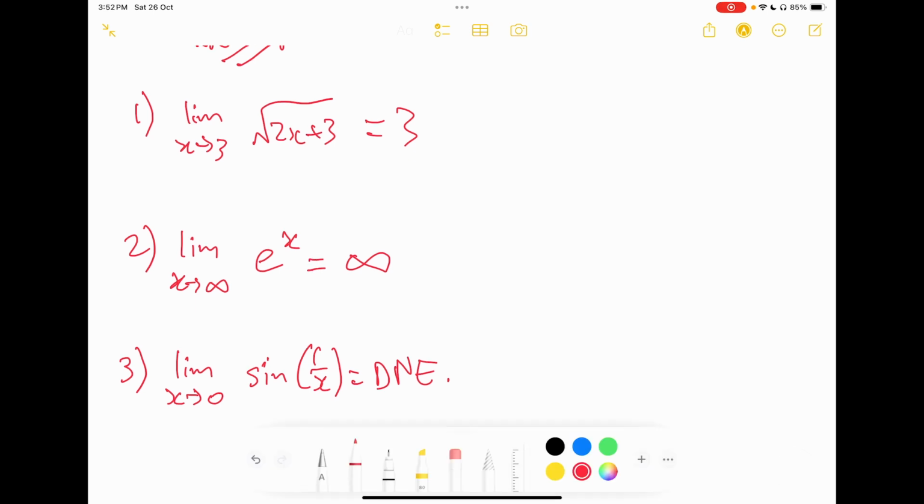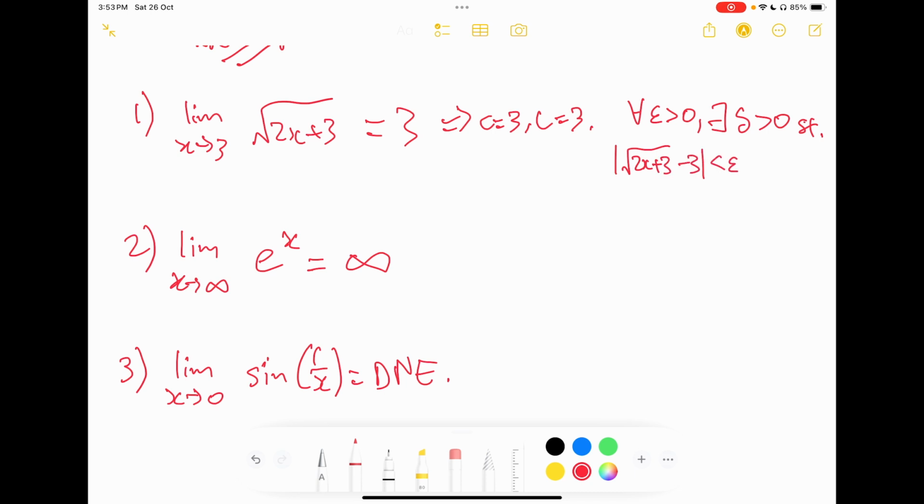So let's start with the first question. For the first question, c is equal to 3, L is equal to 3. So we're trying to find, for all epsilon greater than 0, there exists a delta greater than 0 such that square root of 2x plus 3 minus 3 within epsilon implies x minus 3 within delta.